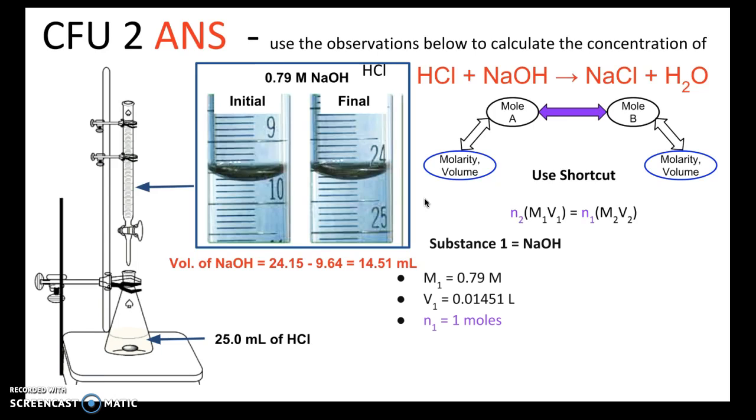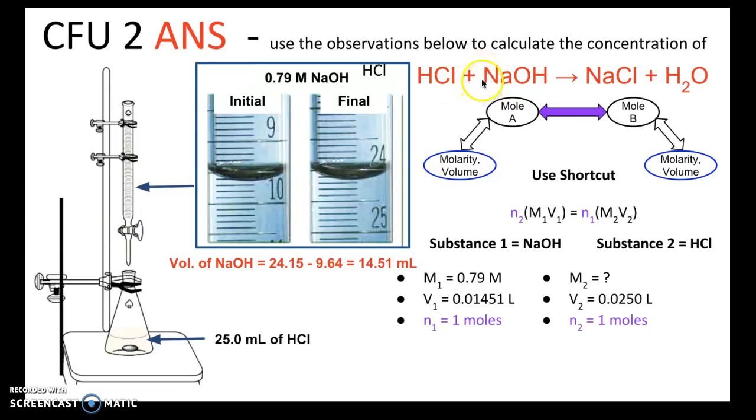All right, so where's that information going to go? It's going to go into my M1V1 equals M2V2 equation. I set my substance 1 as NaOH and my substance 2 is HCl. I know the molarity of NaOH is 0.79. The volume of it, I got it in milliliters, 14.51 milliliters. So to convert it to liters, I divide it by 1,000. I get this value. The N1 is the moles, the coefficient in the balanced chemical equation.